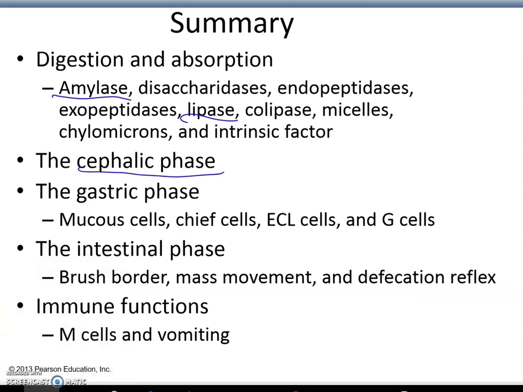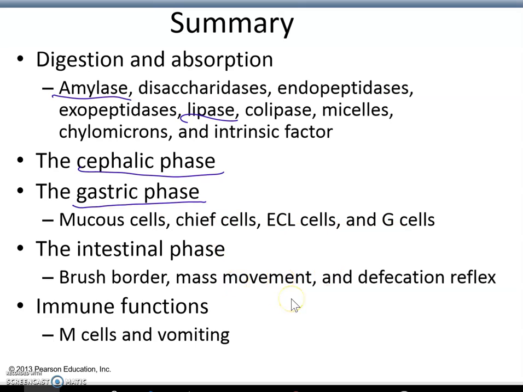You see the food, you smell the food, you want the food, and you're getting ready, and your salivary glands start to secrete this mouth-watering substance because you're anticipating to put some food in your mouth. The gastric phase, that's your stomach, everything around the stomach. It has mucus cells that produce mucus, as you might have guessed. Chief cells, enterochromaffin-like cells, and G cells.